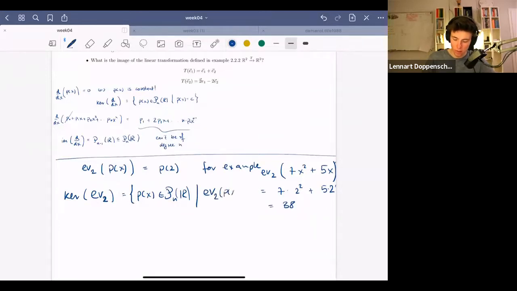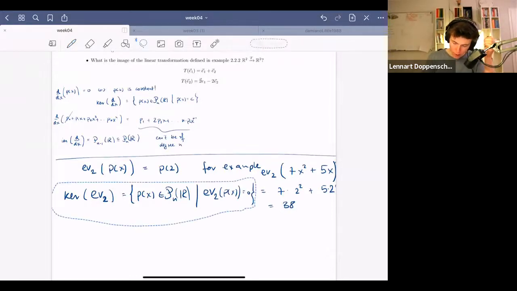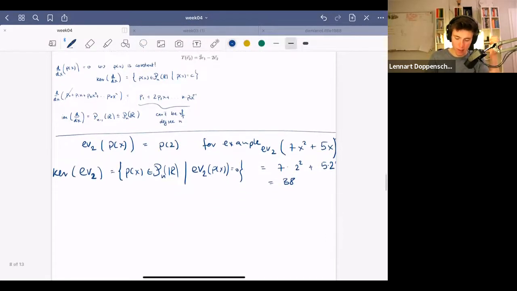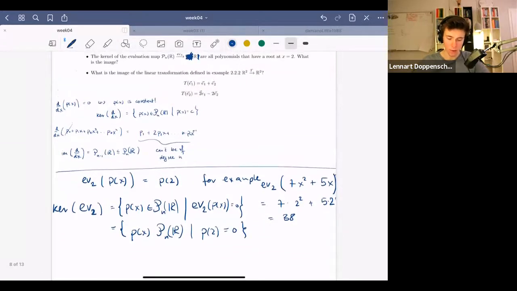Evaluation at 2 of p(x) is 0. We can simplify this condition, meaning it's all the polynomials in P_n(R) such that p(2) is 0. And this is exactly what I wrote here. That's the polynomials that have a root at x equals 2. That's exactly what we just found out.